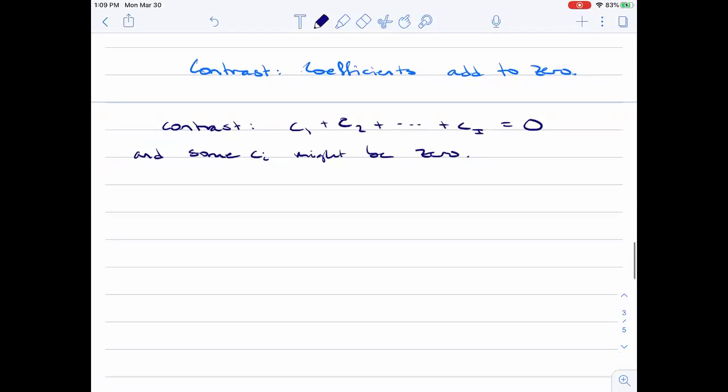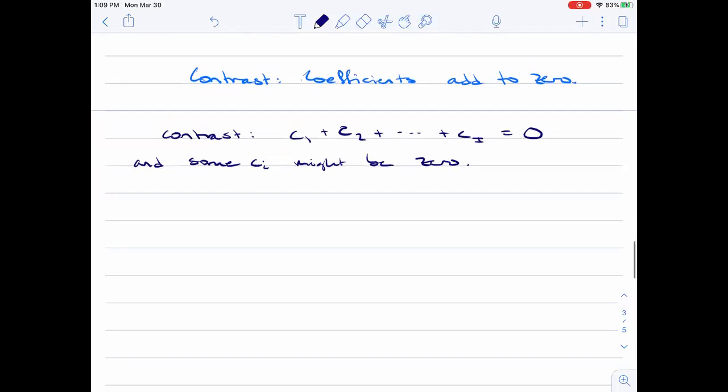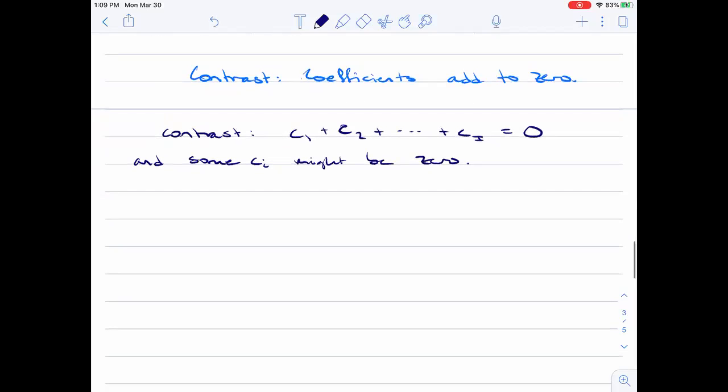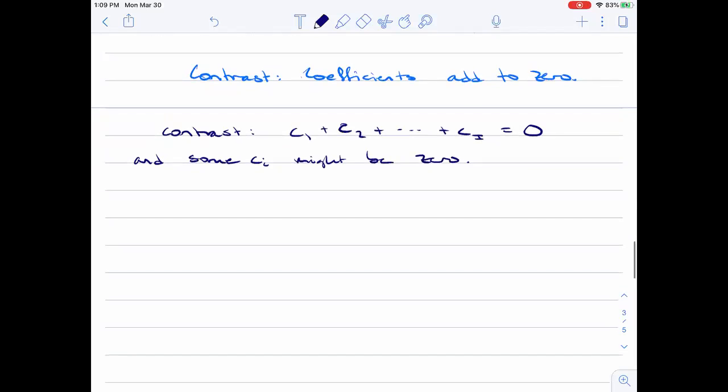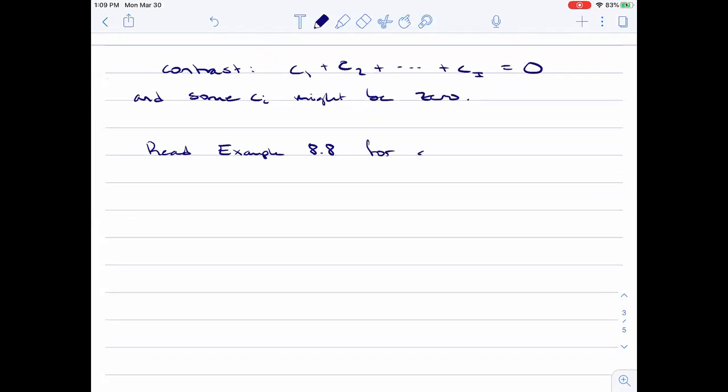In the textbook, there are a couple of different examples, but have a read through example 8.8 for a full example using contrasts.